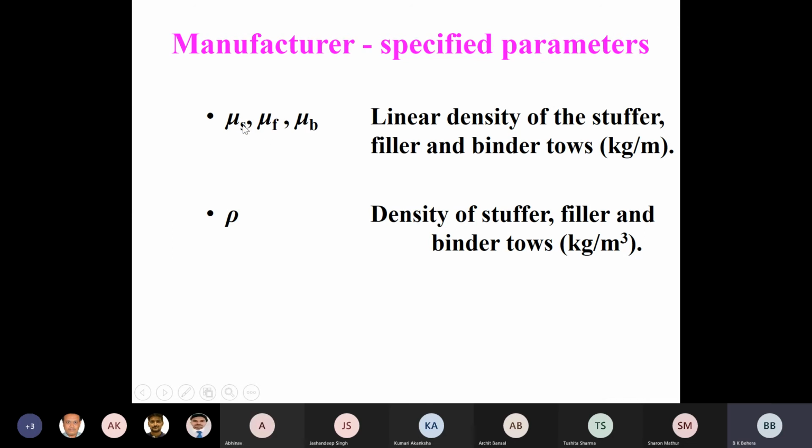So mu S, mu F, mu B are the linear densities. Rho is the density of yarn. Since we are using the same yarn in all three, stuffer, binder, and filling, the density of all the yarn is the same. So rho is the density of the yarn used.